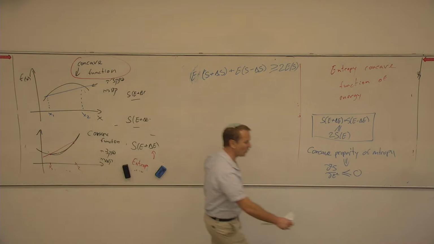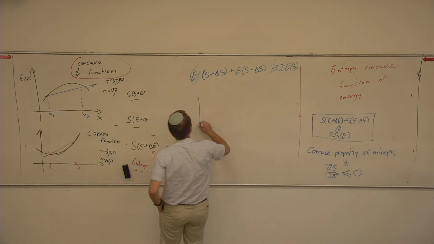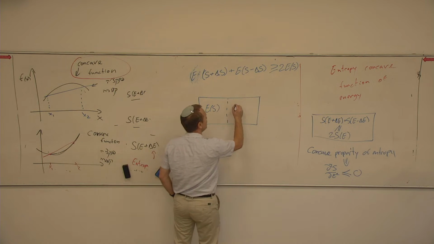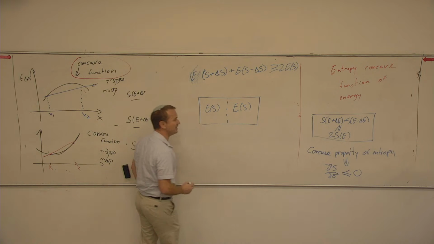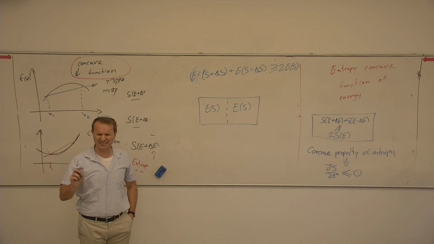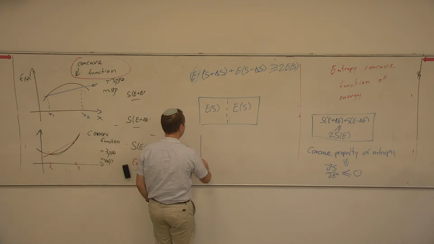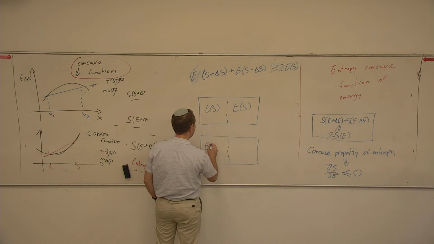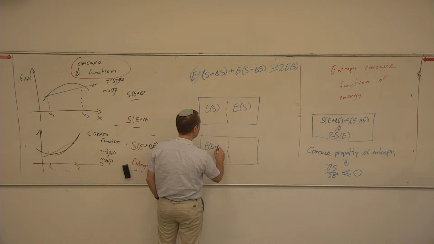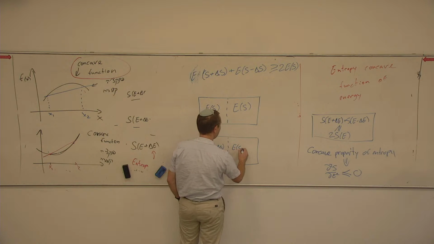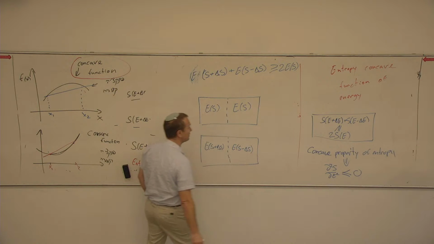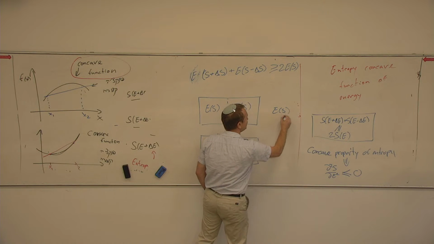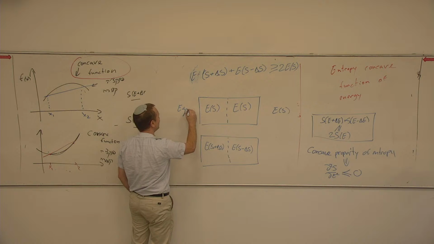So if we again draw those two systems, we had E of S and we had E of S. We did something, we put the system a little bit, slightly out of the equilibrium. So now we had E of S plus delta S, and we have E of S minus delta S. Okay? So we know that the total energy here, it's E of S, this is equilibrium.